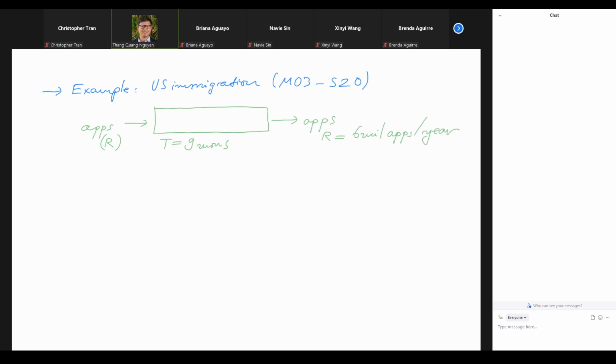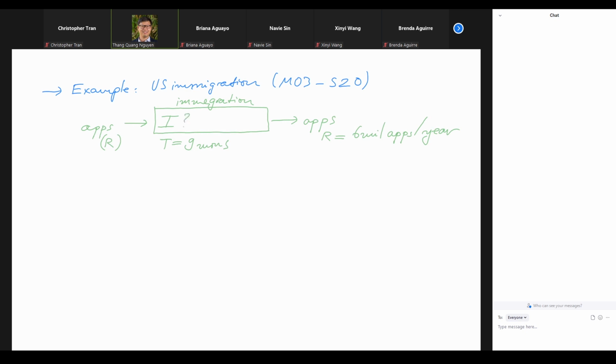And this is an immigration process or visa application process, okay? So they give us the time, the flow rate, and they ask us how many flow units in this case, or how many applications are still under review, still under processing, right?